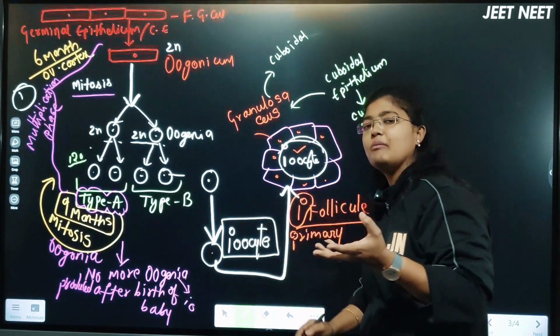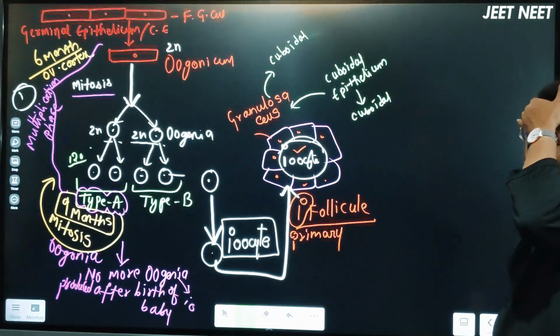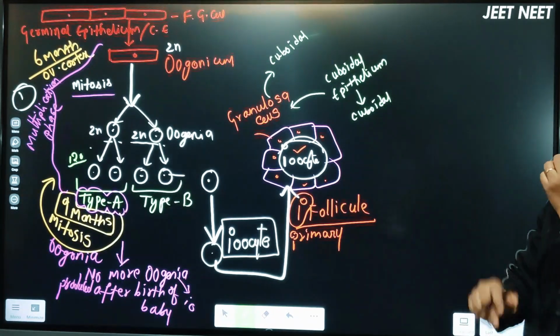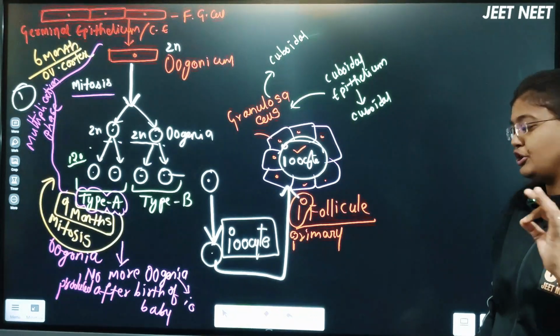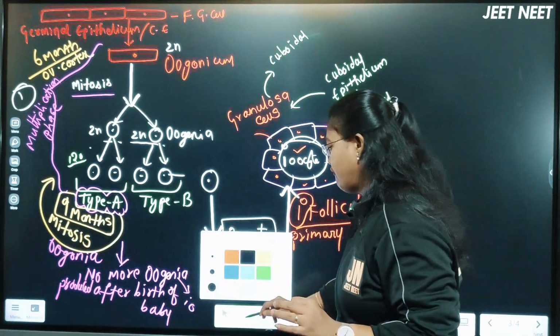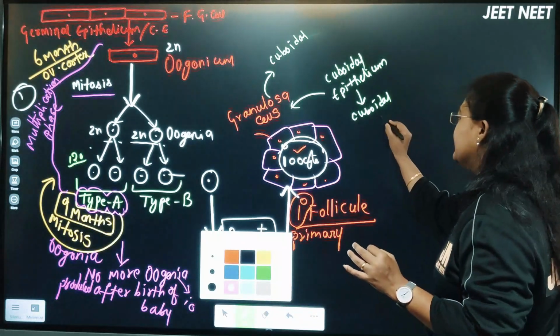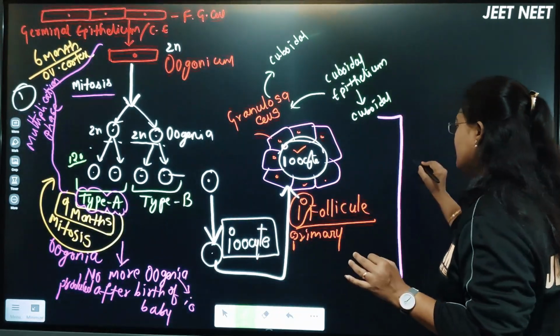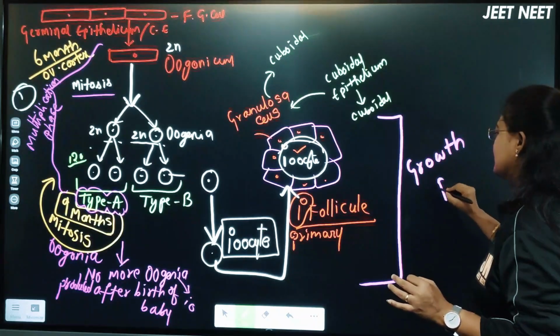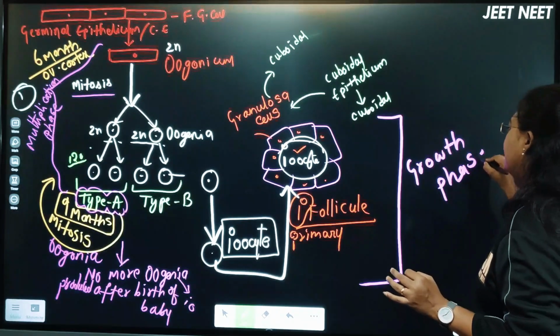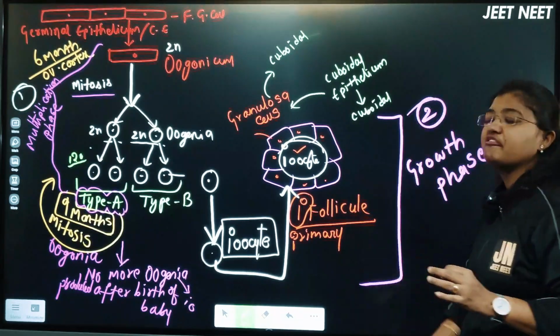First they are squamous, and later they convert into cuboidal based on the structure formation. So now we have formed the primary follicle. This phase we will call the growth phase. That is the second phase.